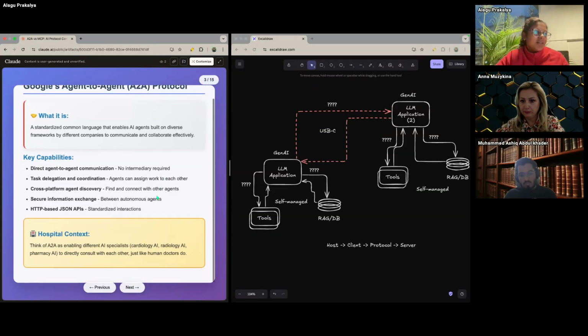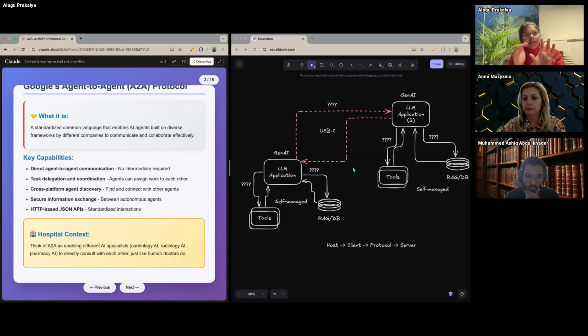In this case, with respect to the hospital scenario, you could imagine these agents as specialists in their own departments, like a cardiology AI department and a pharmaceutical department, with a protocol or communication platform established between these specialized platforms, right?